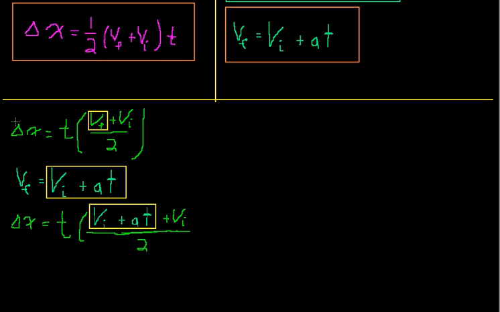We've got the delta x, t, Vf, that's just this right here, we plugged it in, plus Vi over 2. And then if we want to simplify like terms, we get Vi plus Vi is 2Vi, plus at, over 2.